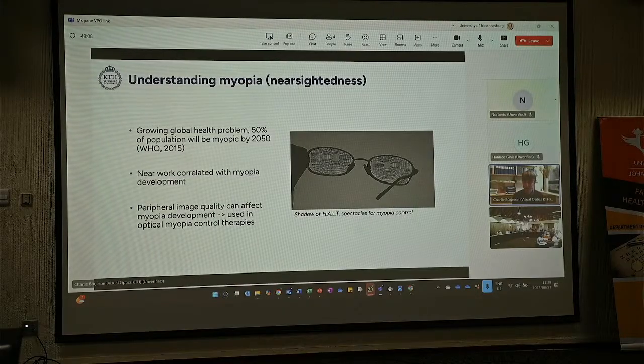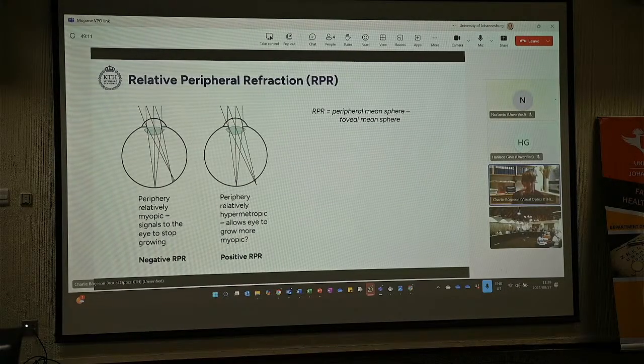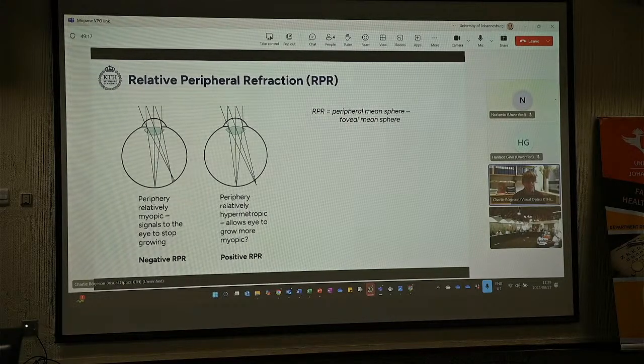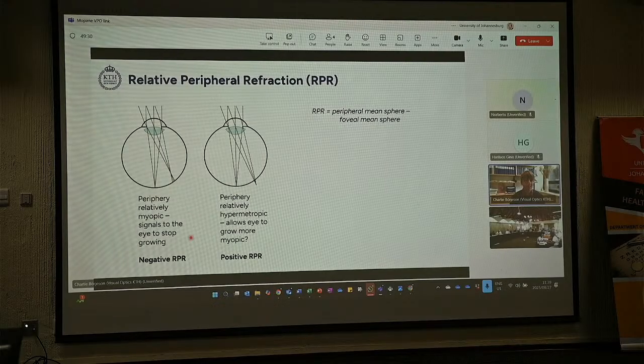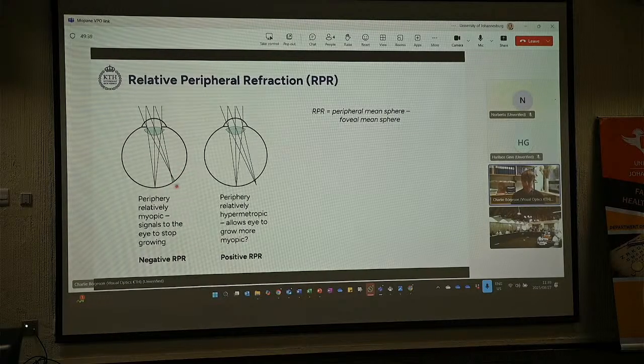When we talk about peripheral image quality, a good concept to use is relative peripheral refraction. Relative peripheral refraction is a measure of how the refraction in the periphery is relative to the fovea.